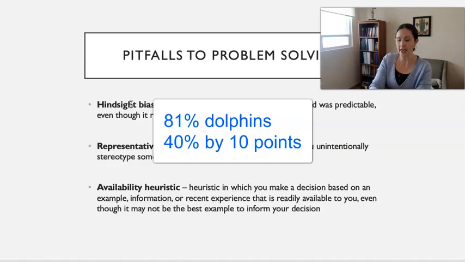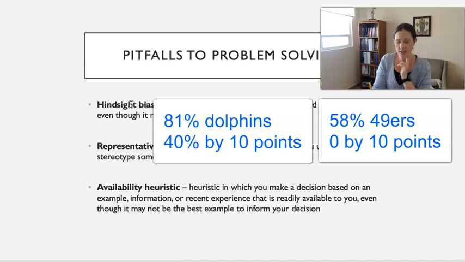The 49ers won the Super Bowl. Two weeks later, Brigham went back to the participants and said, do you remember what you told us? Who did you say was going to win the Super Bowl? And what happened was 81% had said it was going to be the Dolphins. 58% of people remembered saying 49ers.